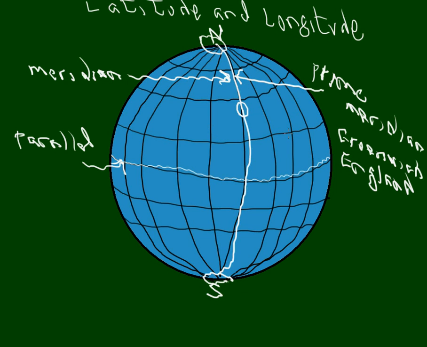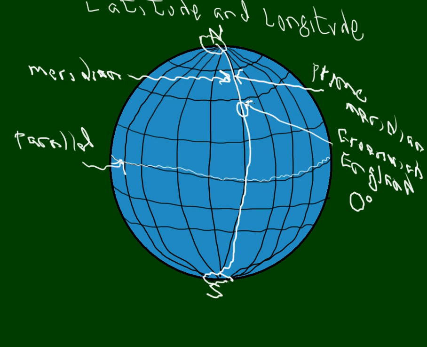Some other countries do have a different prime meridian that runs through other places, but most of the time Greenwich, England is the prime meridian for the lat-long grid. So right here, Greenwich, England, the prime meridian runs right through there, and at Greenwich the longitude is 0 degrees.